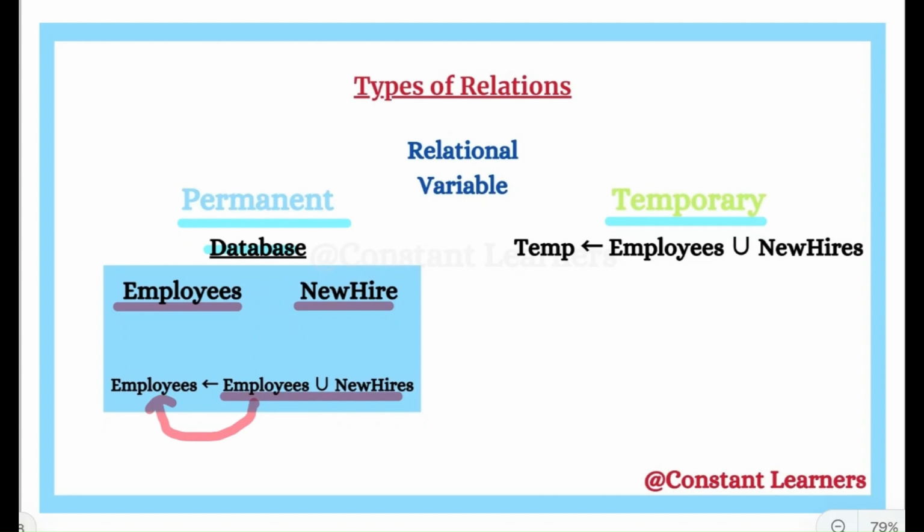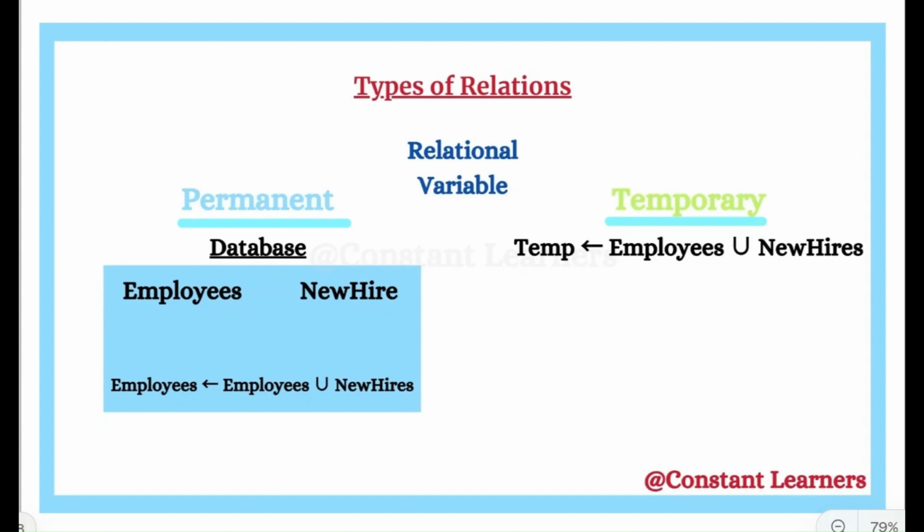That means when we are assigning the output of this union to the employees table, this employees table is being permanently modified. That is, we are making changes to the actual database, right? So when we are storing the output of this expression, that is employees union new hires, inside the original employees table, it is changing the employees table and it is also modifying the entire database.